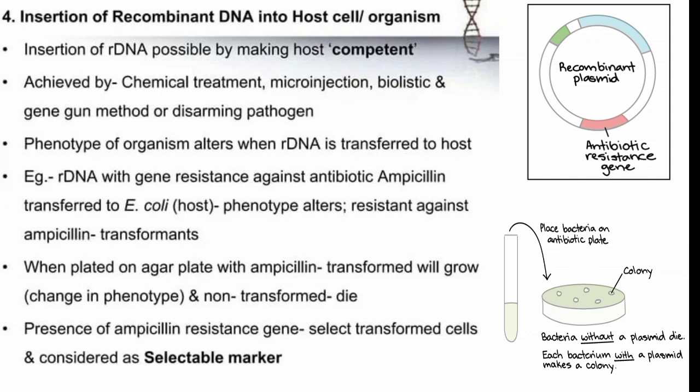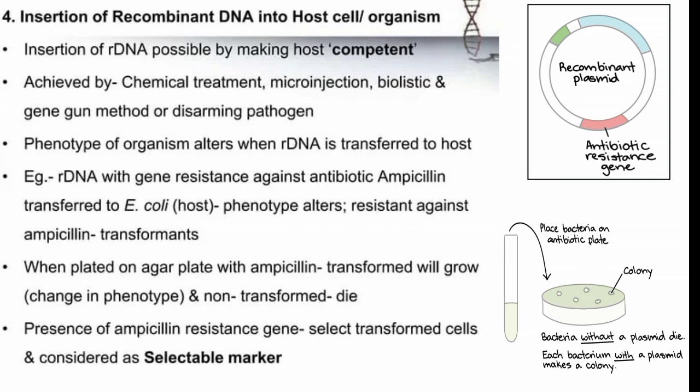The phenotype of the organism alters when rDNA is transformed into the host. For example, the rDNA with the gene of interest, or a gene for resistance against the antibiotic ampicillin, transformed E. coli, and its phenotype is resistance against ampicillin. So if they are resistant against ampicillin, they are the transformants. We were talking about screening earlier.